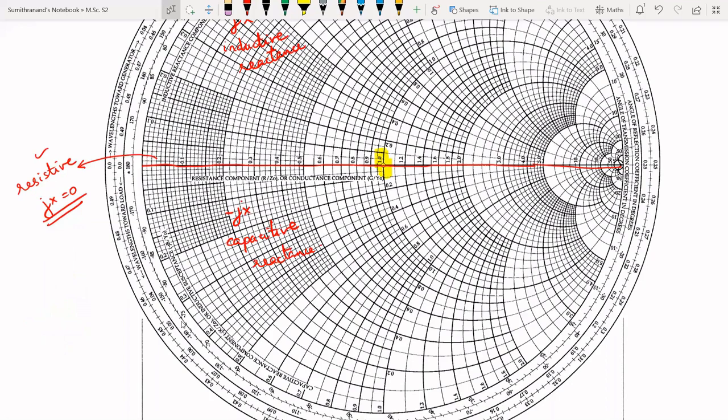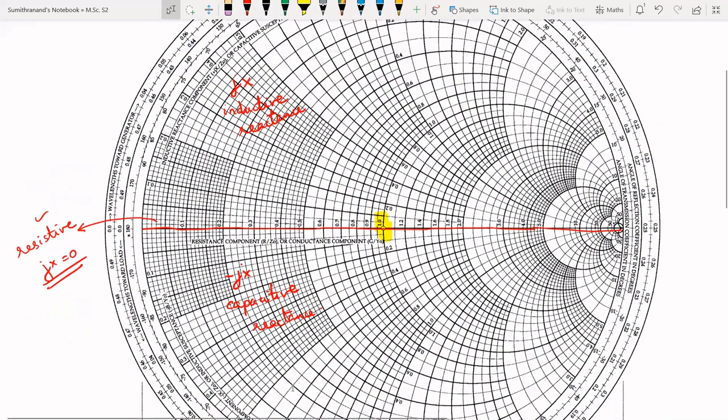Now a Smith chart contains two important things. The first one is the constant resistance circles. Let me draw a constant resistance circle here. Here is a circle. Here is another circle, and here is another circle.